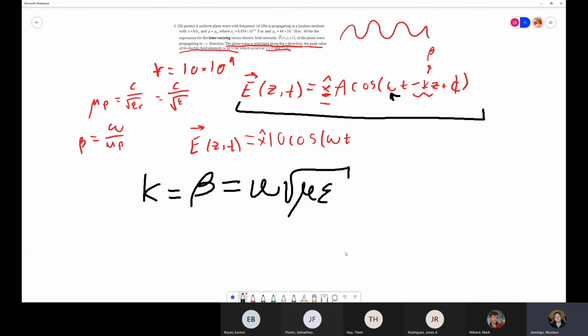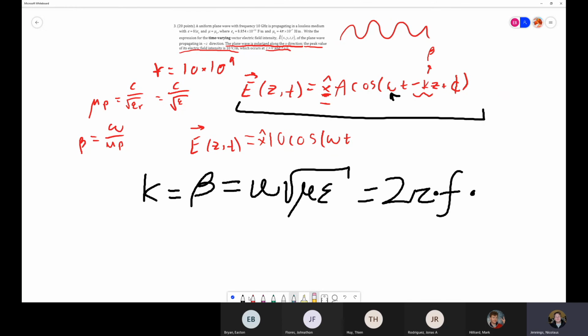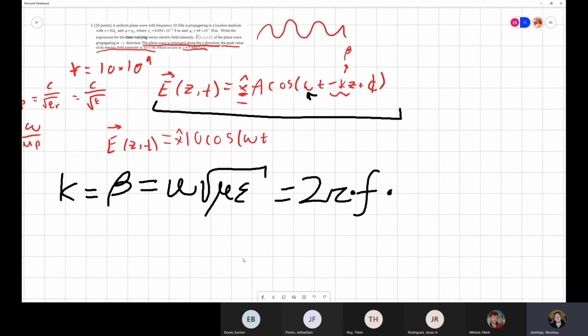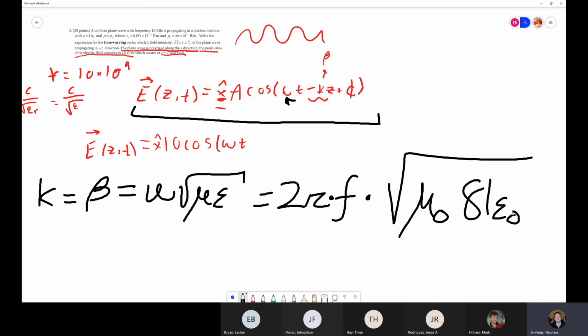Okay, from here we can recognize that this is 2 pi times f, which is 10 gigahertz, times the square root of, basically, 1 over c. Actually, no, not really. Let me replace this statement real quickly, because we're given the actual medium characteristics. We have the square root of mu naught, with no real change there, but then we have epsilon, so we have 81 epsilon naught.